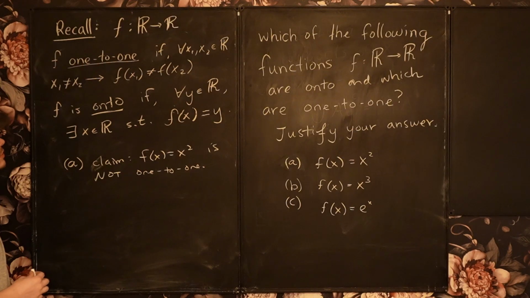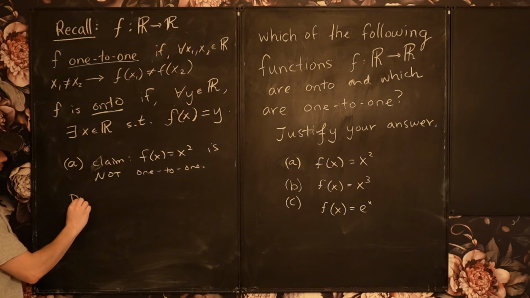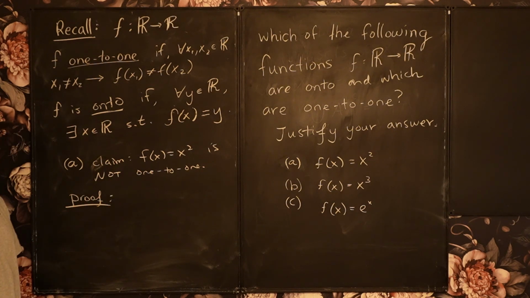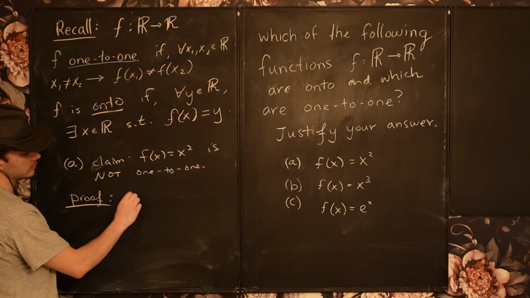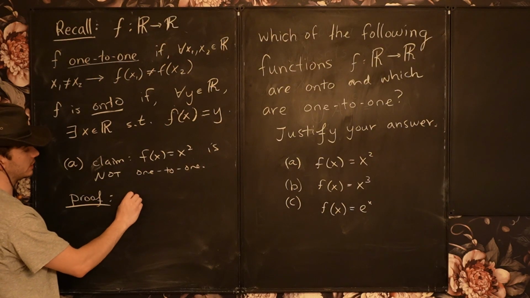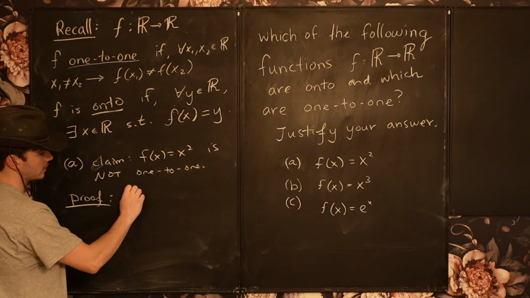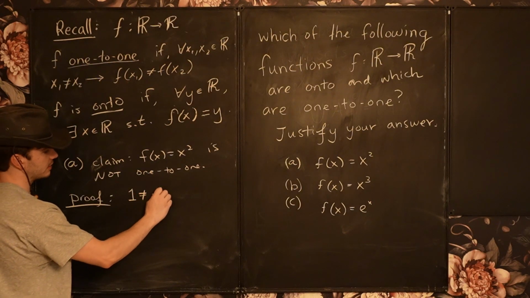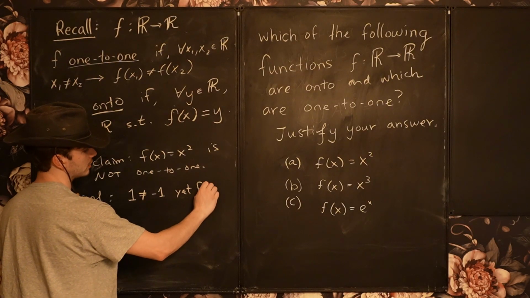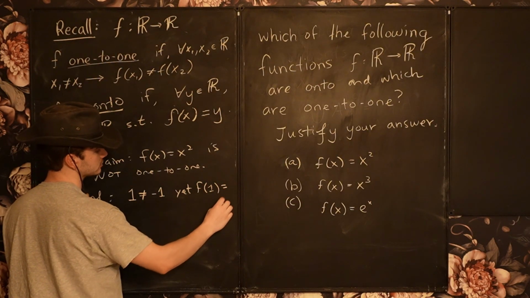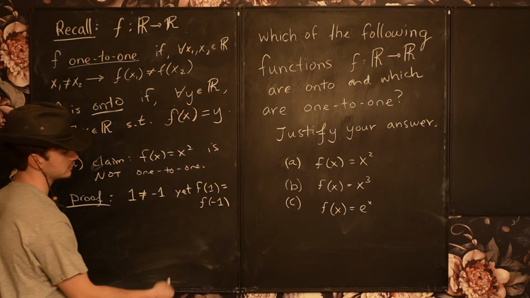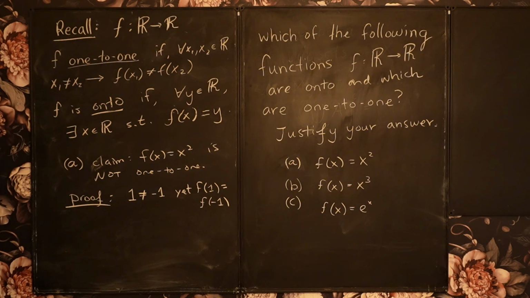Okay, so the proof is simply the following idea. If I take x1 to be 1 and x2 to be negative 1, then 1 is clearly not equal to negative 1, yet f of 1 equals f of negative 1, because these numbers squared equal 1.